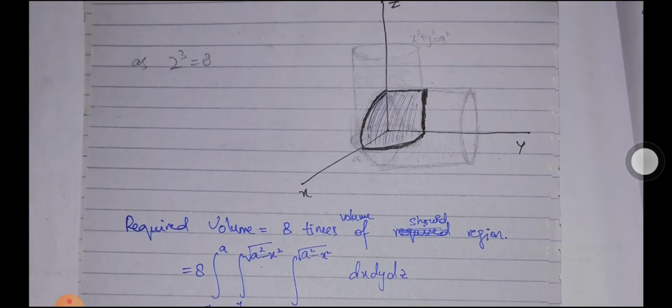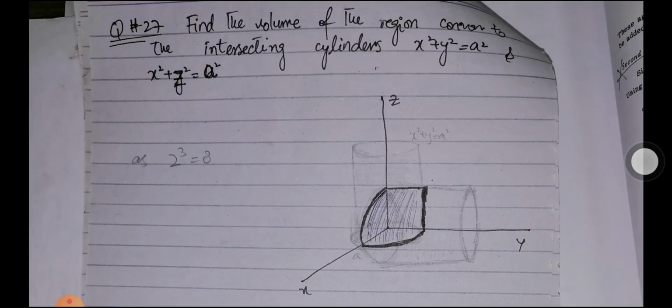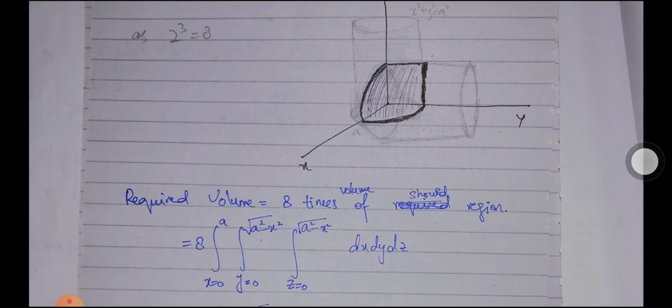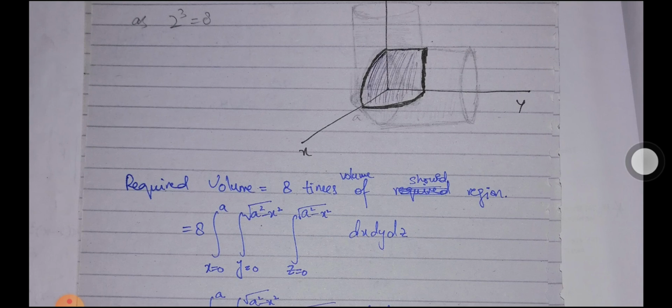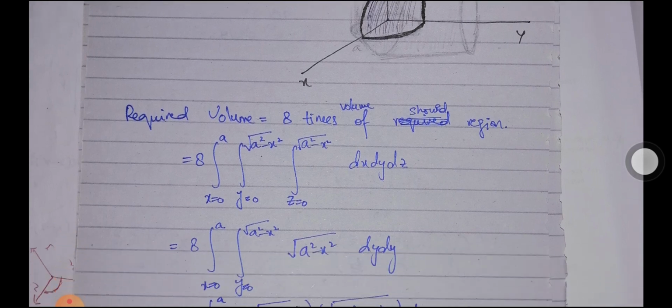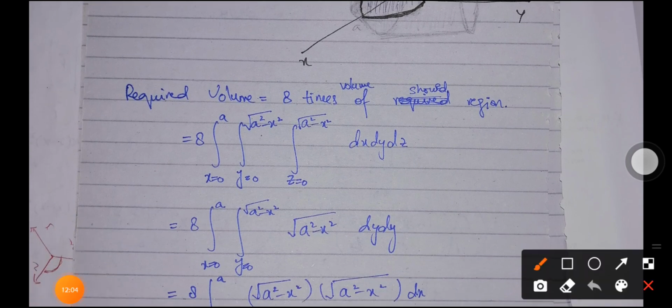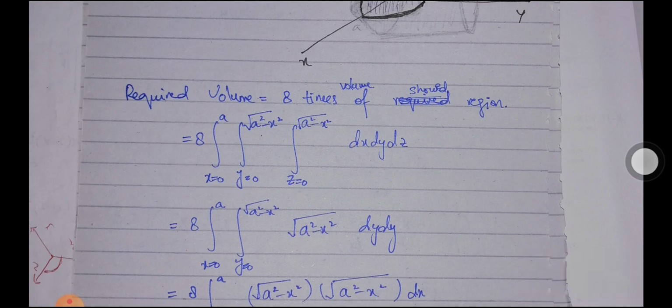Similarly x and y are also related, so y will be equal to square root of a square minus x square, and because we are lying in the first octant only, z is varying from 0 to square root of a square minus x square, y is varying from 0 to square root of a square minus x square, and now we are left with x only, which has finite limits varying from 0 to a, because a is the radius of the cylinder we are given.